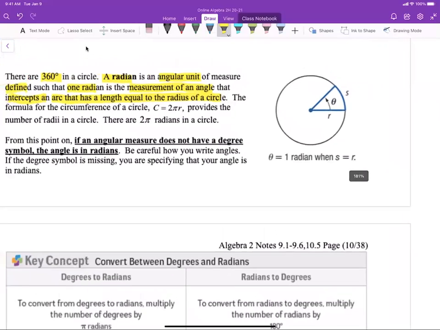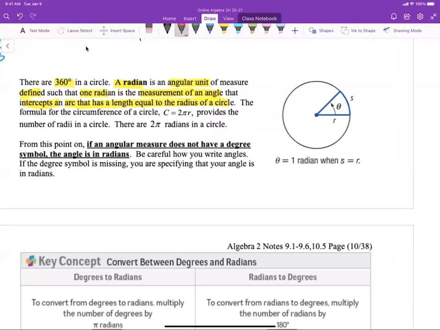What does that mean, you say? So here is my angle theta. This is my radius of the circle. And this distance on that edge has some length, okay? And I am going to cut that arc length such that that S is going to equal the radius of the circle.